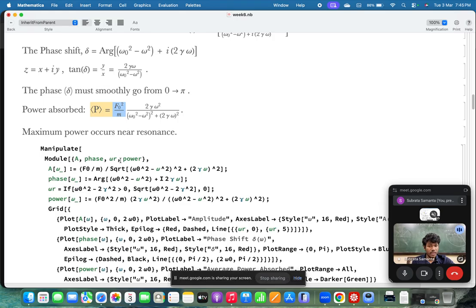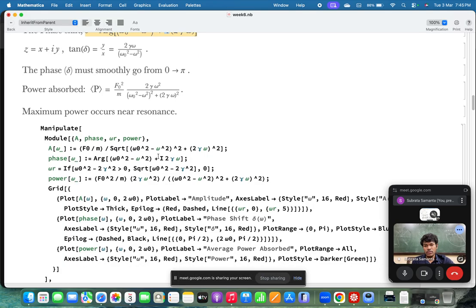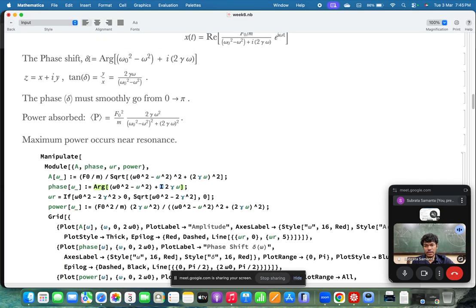These are the variables. I calculate the amplitude again from the formula I discussed before, and the phase is basically the argument of this number. You just put a capital I, which is the imaginary number, square root of minus 1, already built into Mathematica. And that leads to delta.